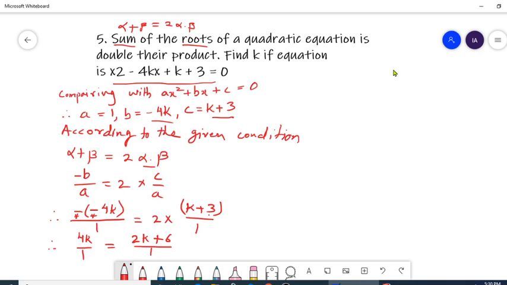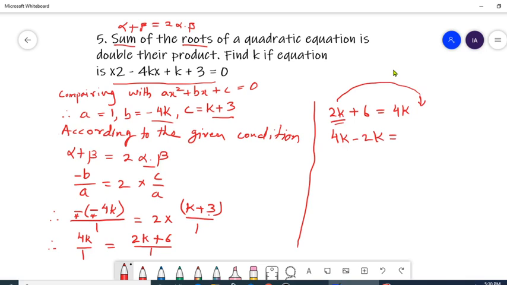We can cross multiply them. What you will get? 2k plus 6 is equal to 4k. Keeping 4k in its place, this 2k can be transposed to this side. Since it is positive, 2k will become negative 2k when we bring it to the other side of the equation.